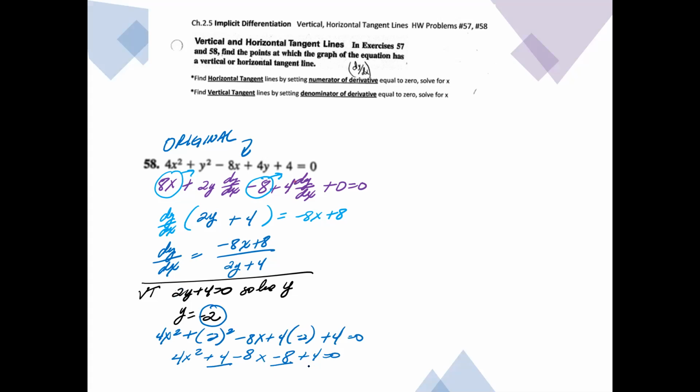As you can see, the simple numbers like 4, negative 8, and positive 4 all cancel out. What remains is 4x squared minus 8x equals 0. So now you're going to solve for x. We're going to have a 4x factored out, x minus 2 equals 0. So x equals 0 and positive 2.